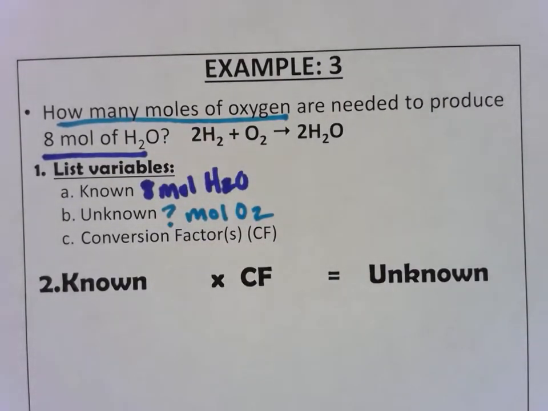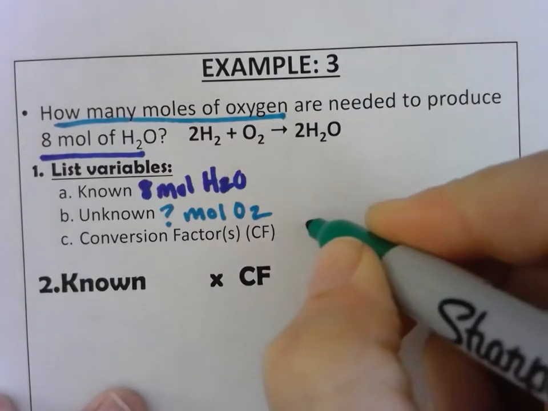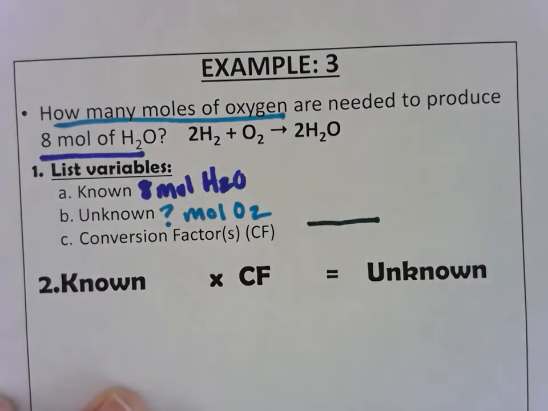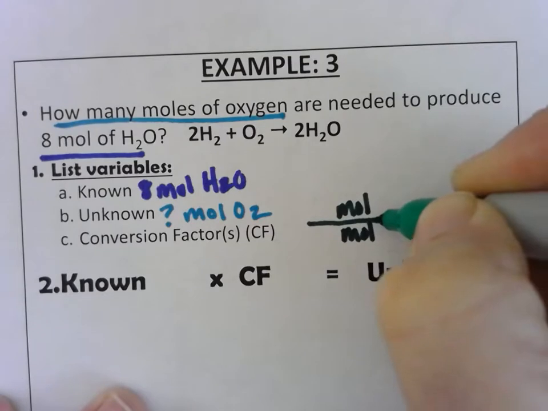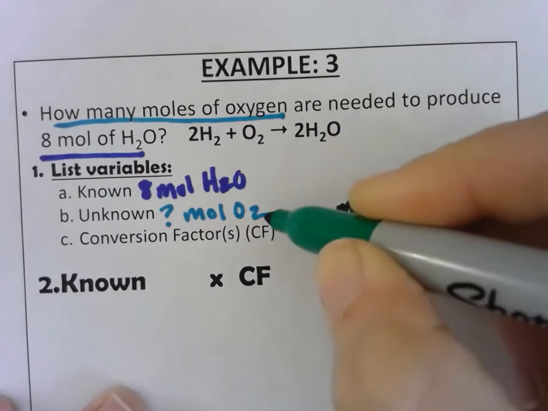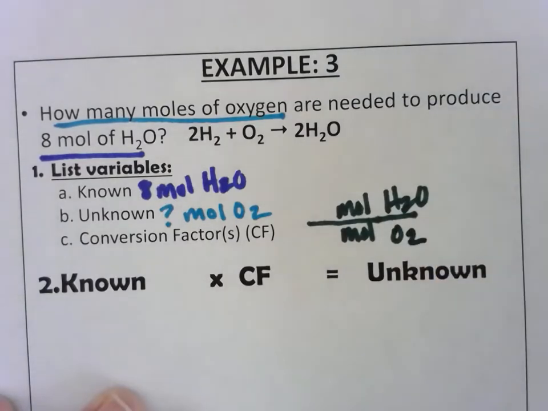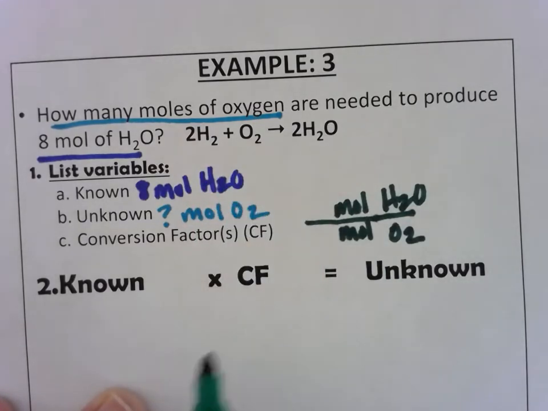I'm going to do a little fraction line. I usually just write mole and mole because I know it's going to be moles. Chemical A is water and chemical B is oxygen. Then I gotta go up. Look, they gave me the balanced reaction though, so thank you.